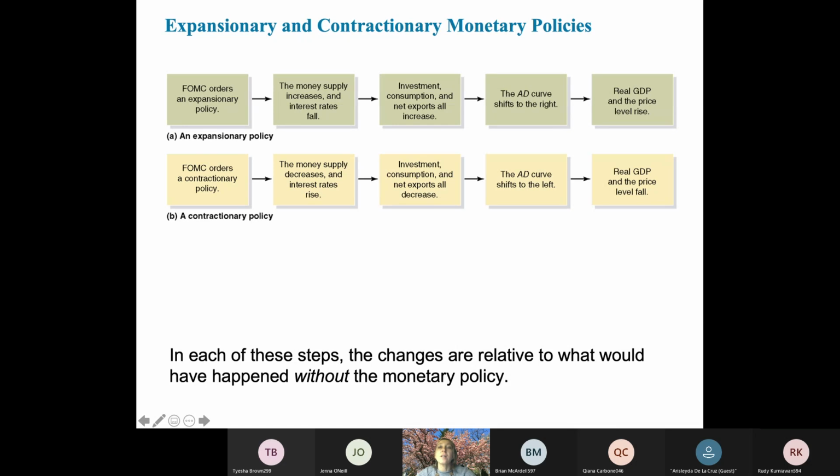So that's the last slide that summarizes how contractionary and expansionary monetary policy works based on the graphs that we saw.